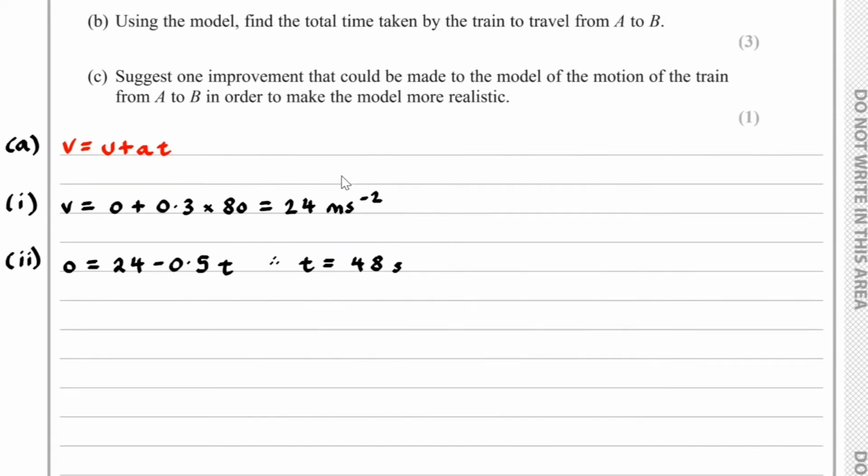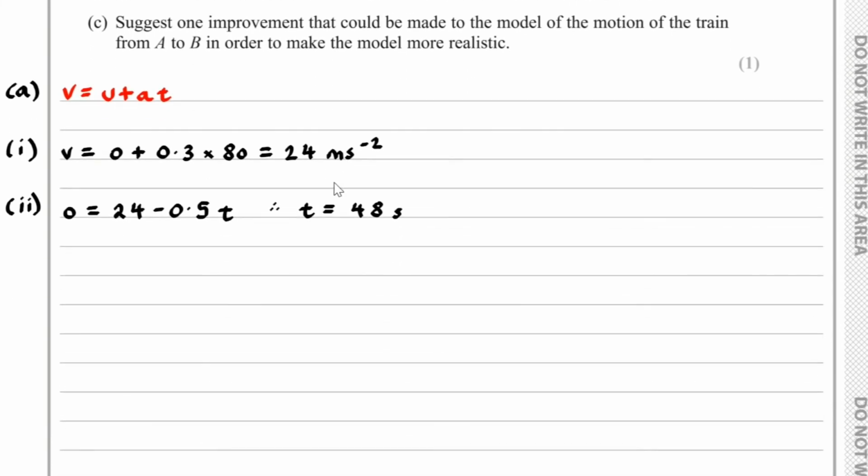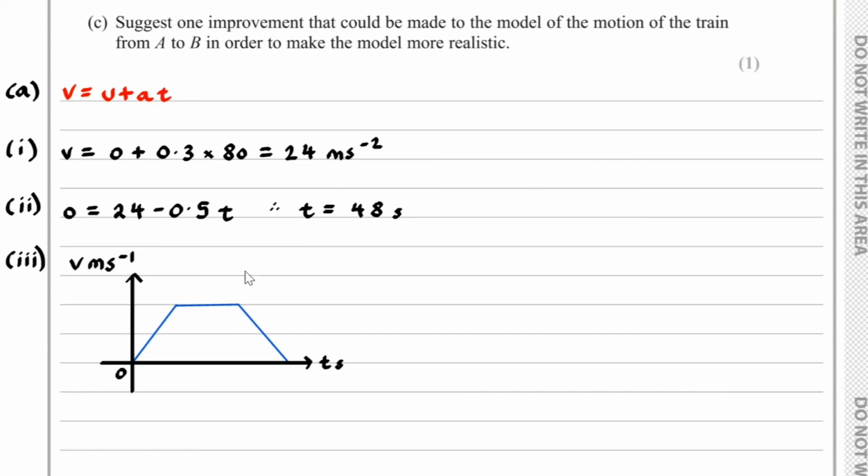And then we have to sketch a velocity time graph. So if I sketch a velocity time graph of this entire situation, we've got here our velocity time graph. Now at this point we've got 24 meters per second.